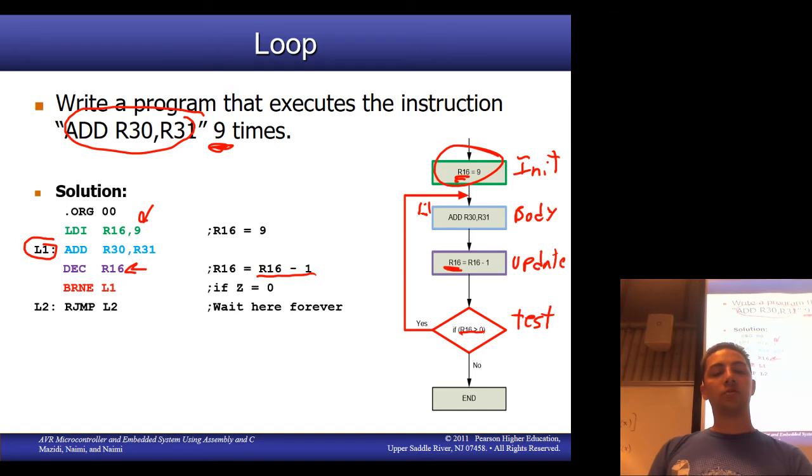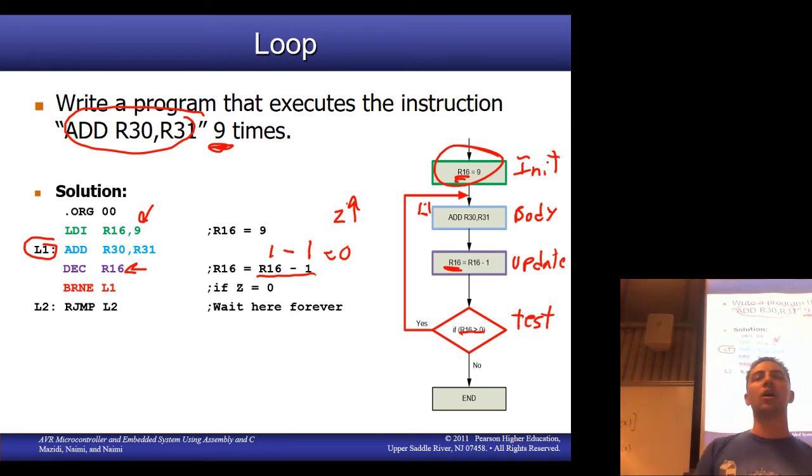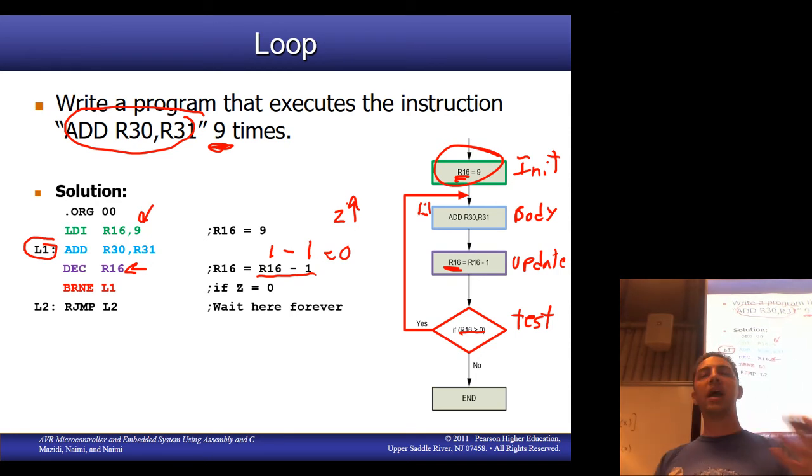Right? So when R16 is 1, we subtract 1. That gives us a 0, which means our Z flag should be set. So here, rather than saying, all right, we've got to load up 0, then we've got to compare it or subtract it, we're just going to use the branch not equal to.